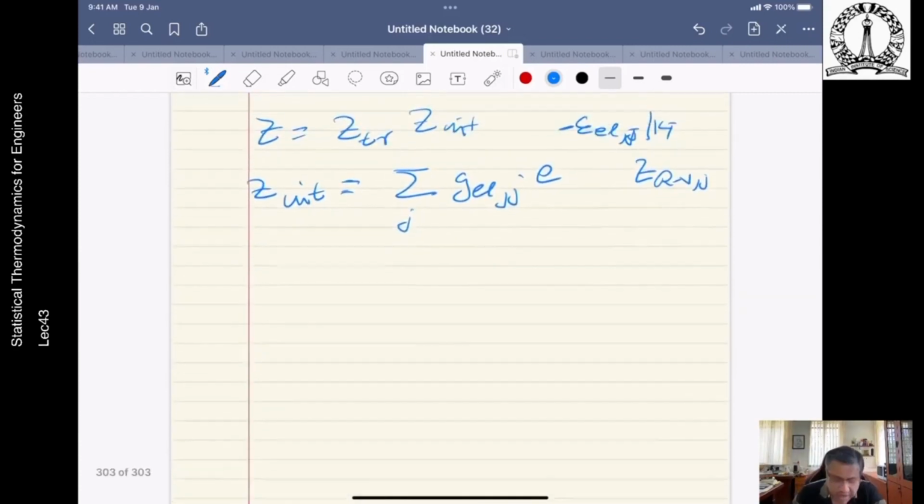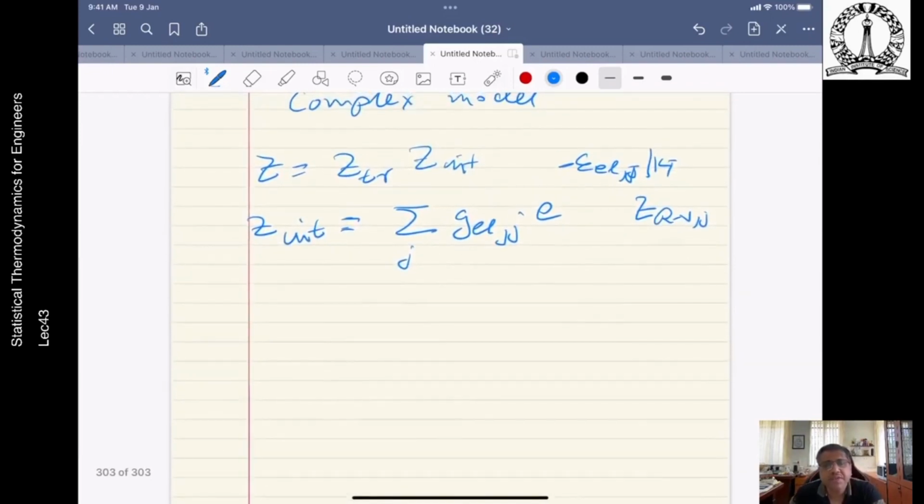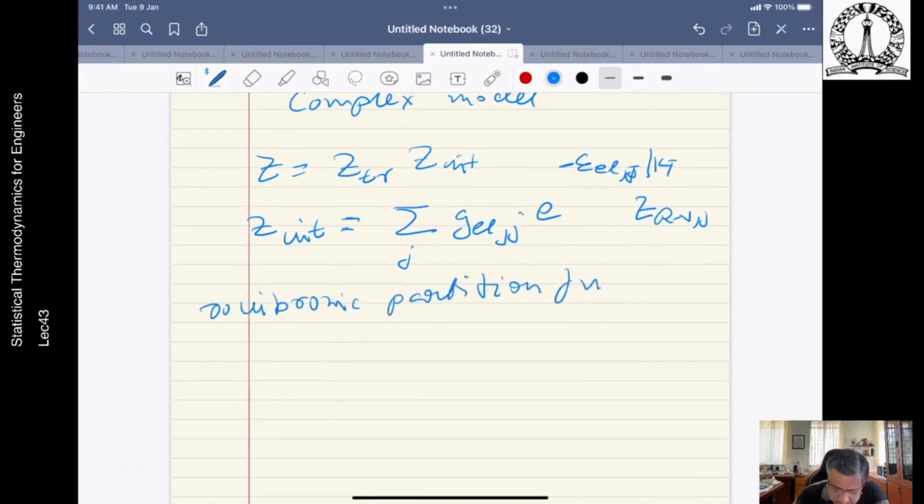Okay, so now what we see over here is that the rovibronic partition function, which is given as, let's write it as capital Z_RV,j, inherently implies strong rotation vibration coupling.